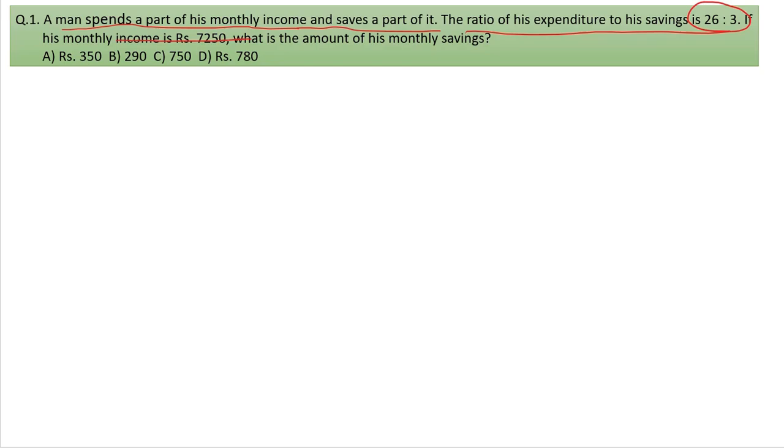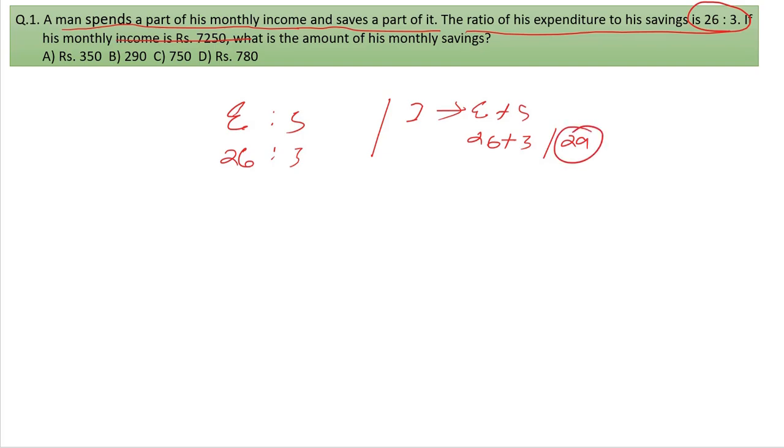So here the expenditure is to saving is 26 is to 3. We know that income equals expenditure plus saving, which is 26 plus 3, which is 29. So his income is 29 units, that is rupees 7250, because we have 7250 here.